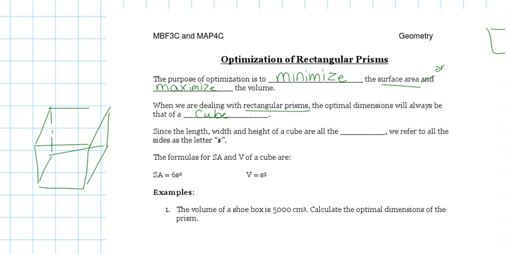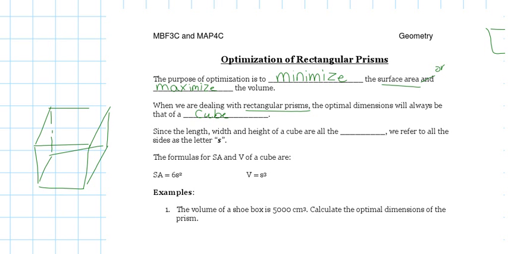So do I need to call them length and width? No. I can call them the same. I can call them A, or S, or whatever, right? They're all the same sides.